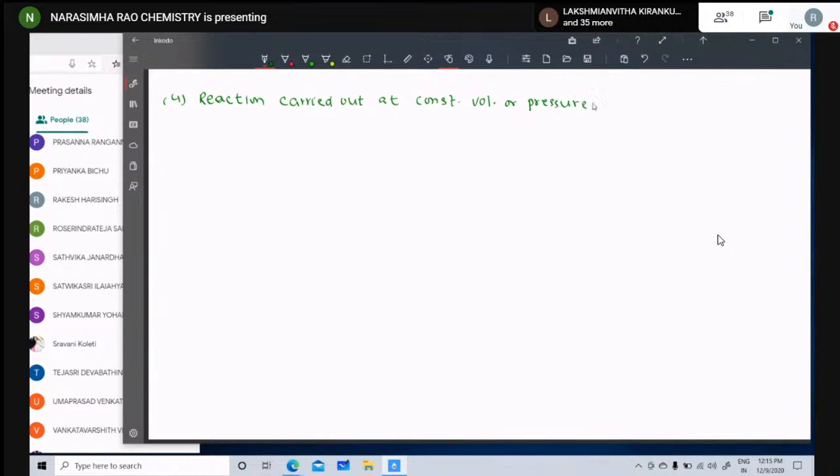This also affects the enthalpy. This is very useful for understanding and solving problems later, using the bomb calorimeter in calorimetry. Later we will discuss that.